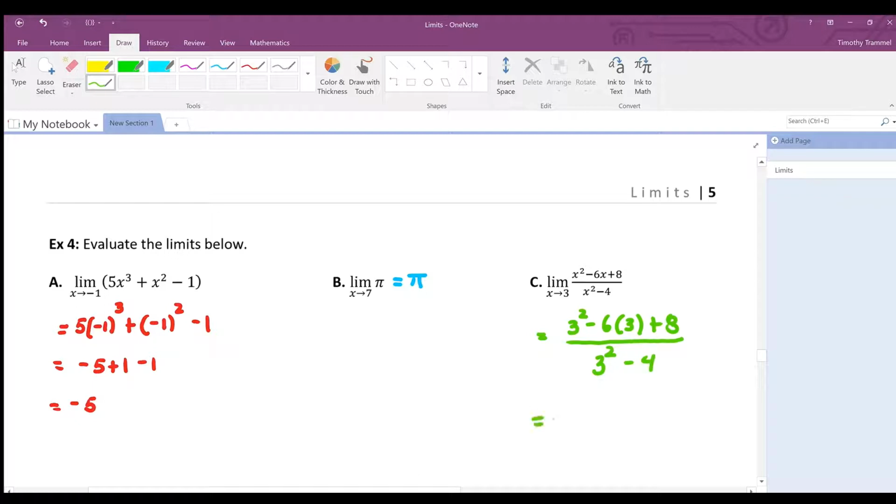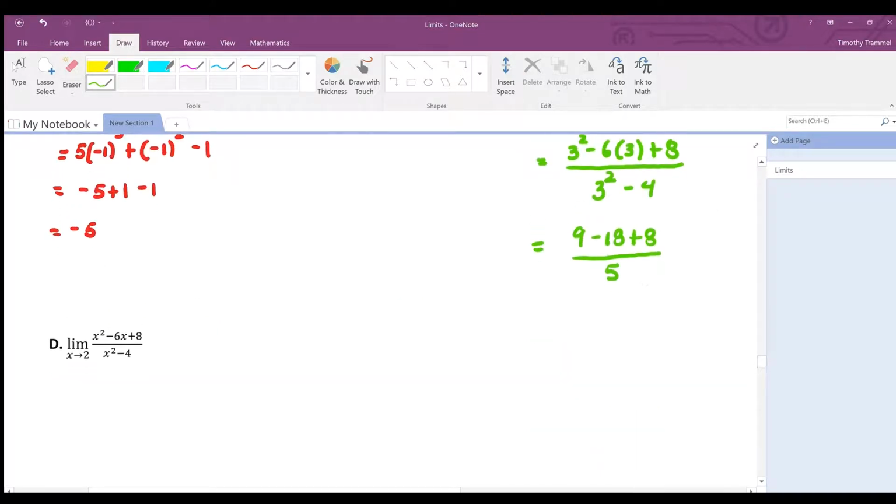Up top here, we have 9, then minus 18, and then plus 8, and then all over 9 minus 4, which is 5. So we're almost there. We have minus 9 plus 8, so that's going to give us -1 over 5. There we go.